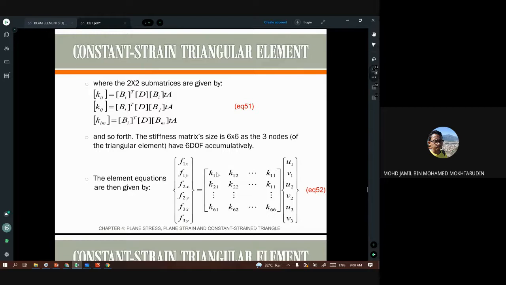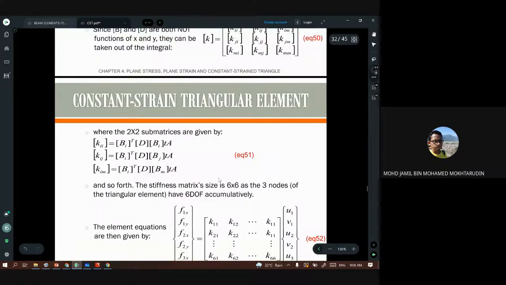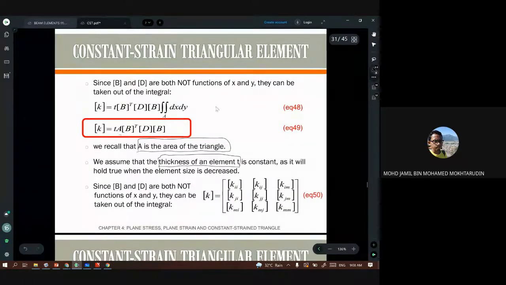But for constant strain triangle, when you superpose K, the global stiffness will be much bigger compared to truss element and beam element, because for one triangular element, constant strain triangle, the K is already 3 by 3. So imagine if there are 3 triangles connected together, then the global K matrix will be maybe 6 by 6 or 7 by 7, much bigger.